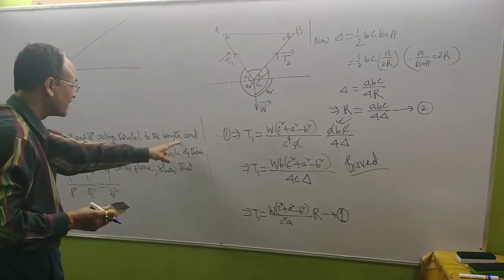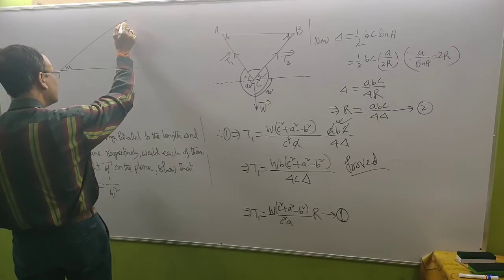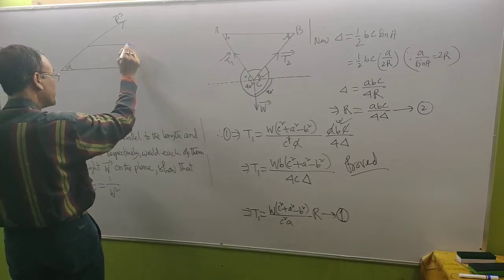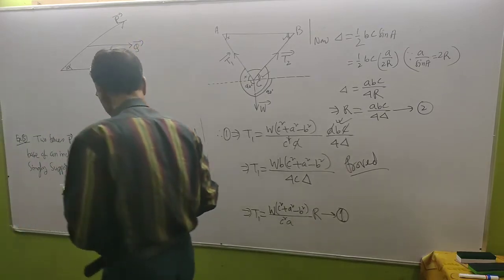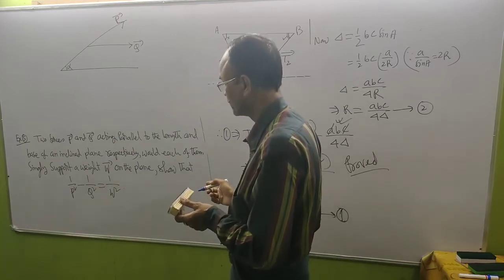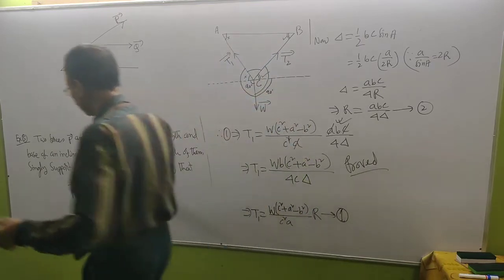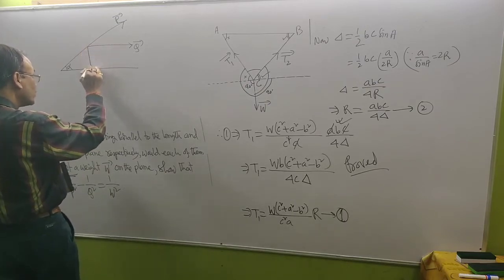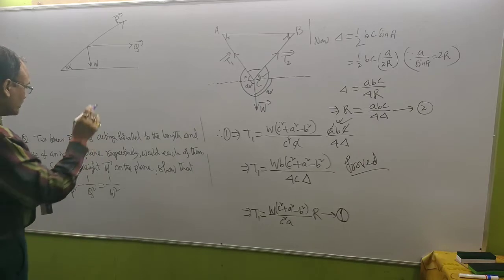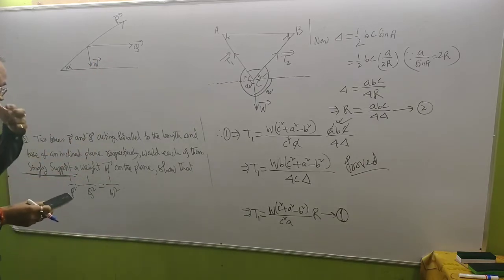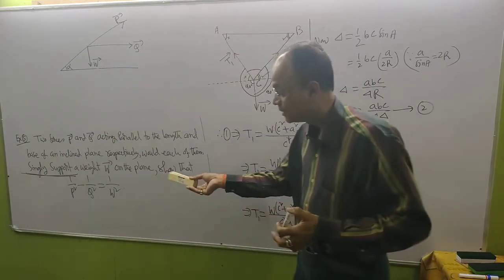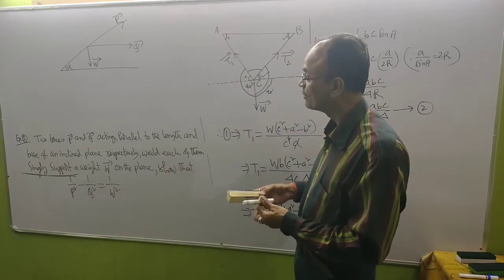Suppose this is horizontal. This is an inclined plane. This is P, and this, parallel to the base, is Q. Each of them acts independently. Suppose a weight W is on the plane. We have to find a relation between P, Q and W.